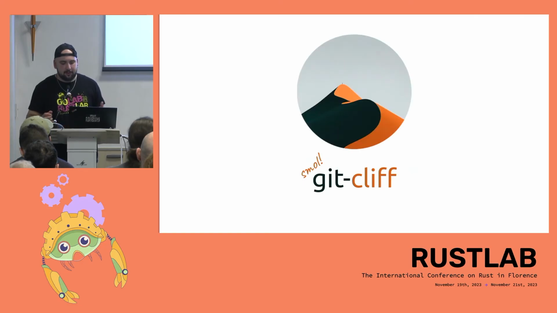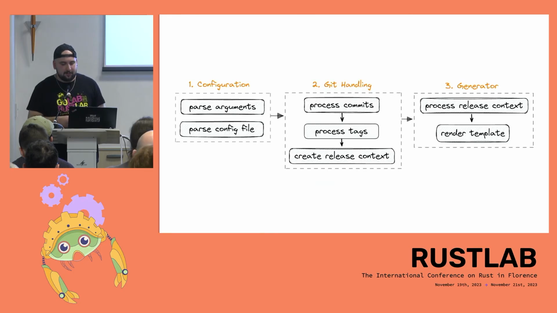So we have our small git-cliff, and it's working fine. It's not very advanced, but we have basically a small version of it. So let's go through what git-cliff is doing differently from this approach, because I basically started git-cliff by running this little program. So in git-cliff, we have three operations.